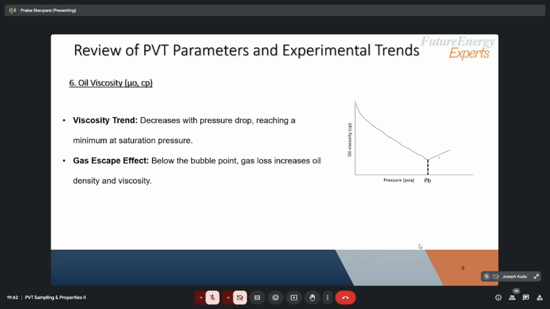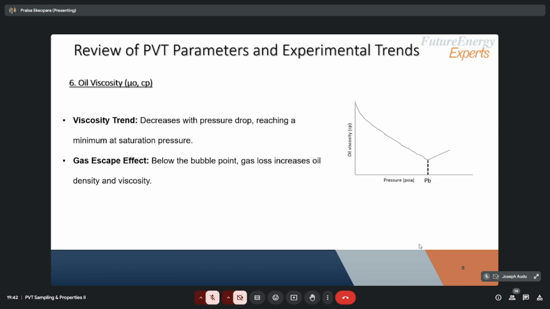And viscosity is a measure of the ease with which a fluid can flow, right? So as we have gases within the system, the oil will be very free to flow. That's why the oil viscosity will be dropping a little because of the gas expanding within it.